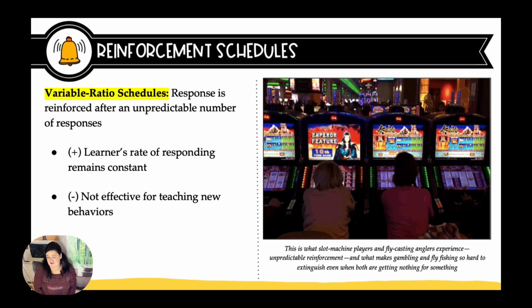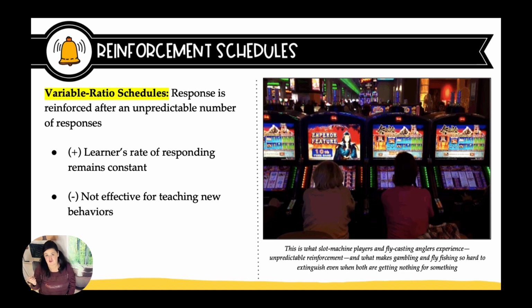A really good example of this are slot machines or gambling in general, right? It's a variable ratio, meaning the number of times that you gamble X amount of dollars, you don't know when you are going to get reinforced with a payout. And hopefully, when you do finally win, it will be a big one.